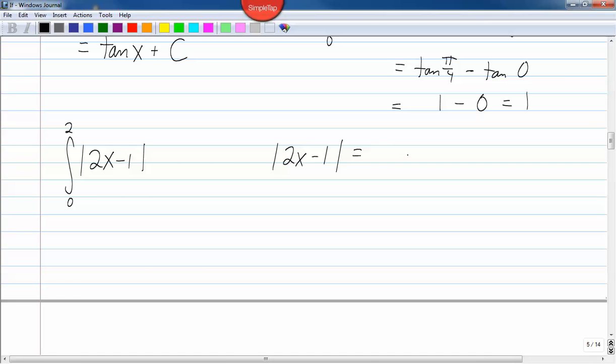Alright? It's going to be 2x minus 1 as long as x is greater than or equal to what?